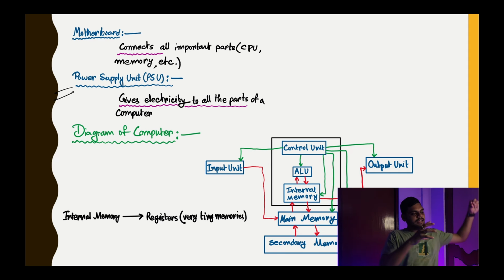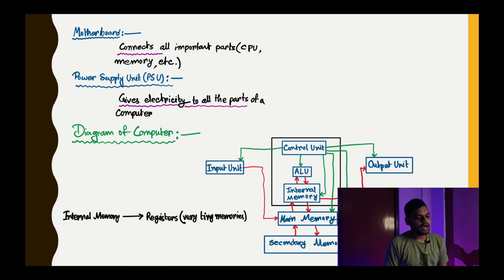Electricity is coming, the PSU is receiving it and distributing it along the interconnected networks of the motherboard. From there, each and every major part, like the input unit, memory unit, CPU and output unit, will be accessing the electricity.